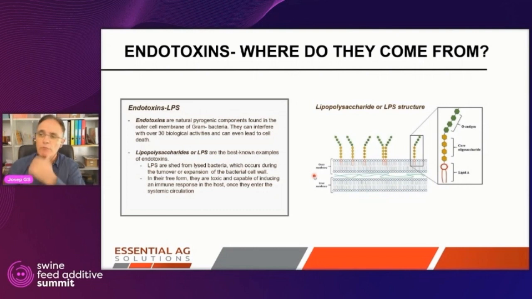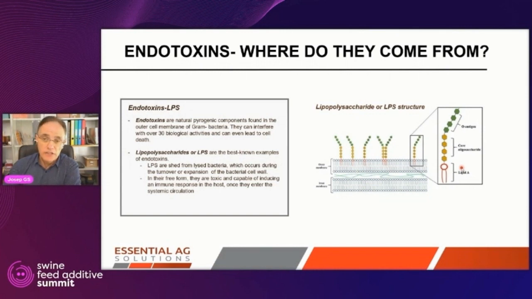The main components, this will be the molecule of an endotoxin. They have three main components: an antigen portion, a core oligosaccharide portion, and a lipid A portion. The lipid A portion is the component of the molecule that is more responsible for the toxic effect of endotoxin.